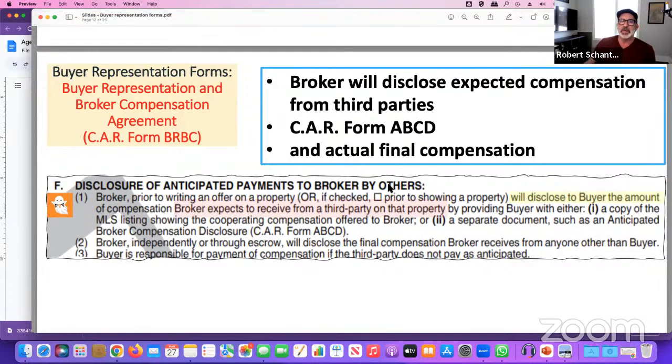Broker will also independently or through escrow disclose the final compensation broker receives from anyone other than buyer, and buyer is responsible for payment of compensation if the third party does not pay as anticipated.